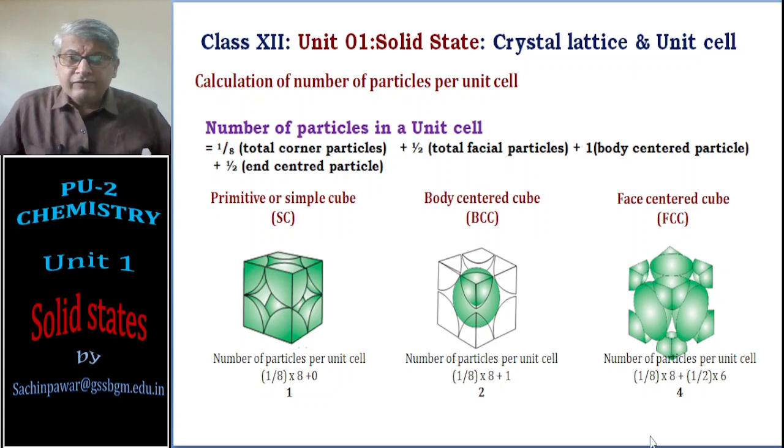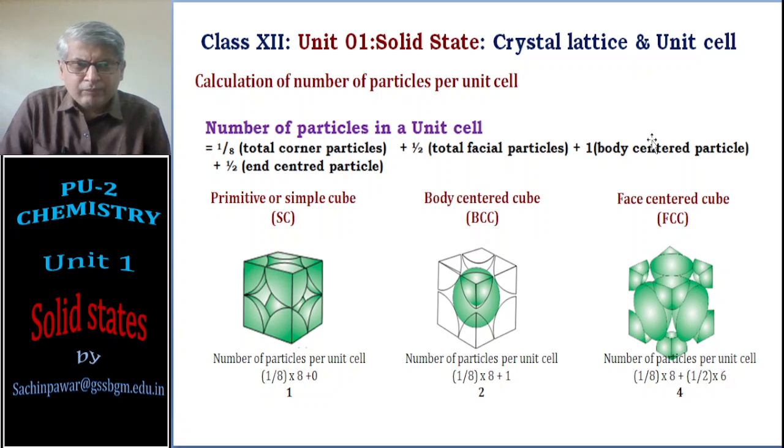And the total faces are 1, 2, 3, 4, 5, 6 faces. So 6 faces means 1/2 into 6. So 1/8 into 8 plus 1/2 into 6, plus body center is not there, 0, end center is not there, 0. So that is 1 plus 3, which is 4.